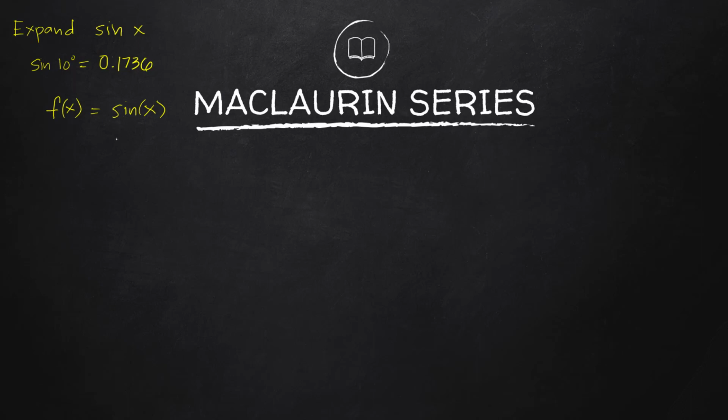So what we are going to do, let us find the derivatives of this function. That is the first step, to find the derivatives of this function. So, f prime of x is equal to, what is the derivative of sine of x?